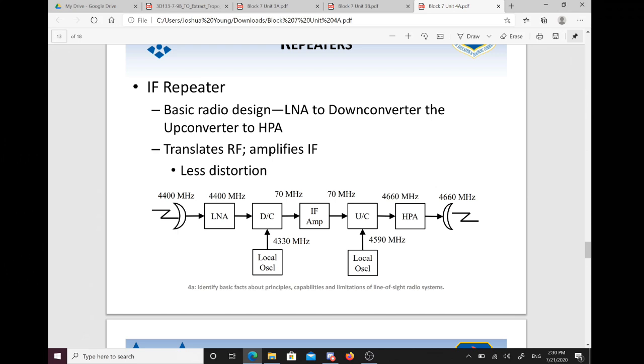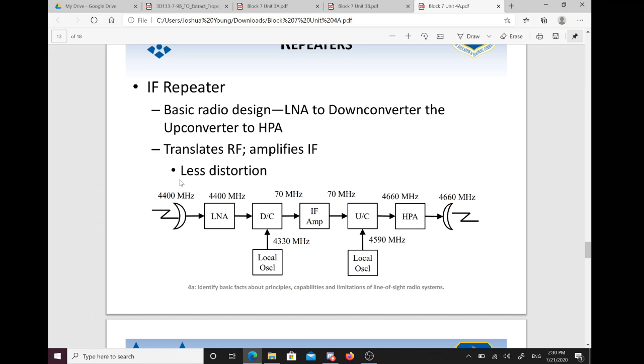It takes your incoming RF, down converts it, and then that 70 megahertz signal has gain applied to then be up converted, so it gets sum mixed to generate your final RF out. And then it's pumped back up again before it leaves to your distant end.